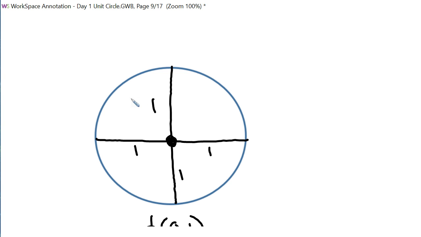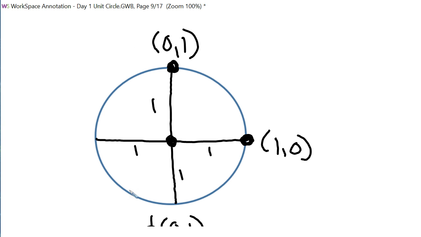Same concept, but now it's on a circle. So if this is 0, 0, what is this point over here? 1, 0. I'm moving out 1 unit because the radius is 1. This point at the top would be 0, 1.